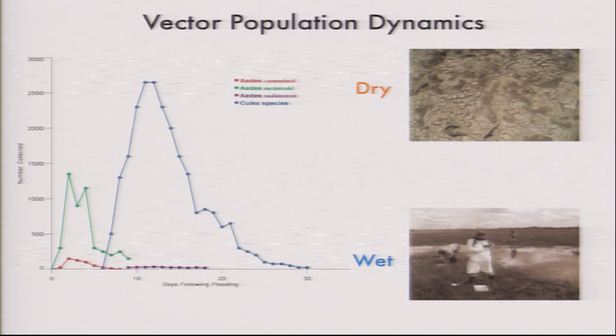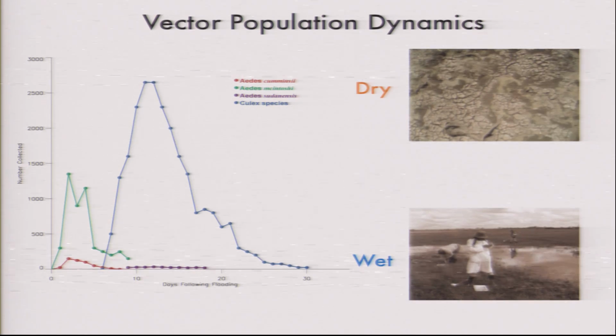This graphic here is from work that Ken Linthicum had done at a location in Kenya, where they looked at a particular dambo. Dambo is the habitat where these mosquitoes usually emerge during the wet season. And they monitored what happens in terms of the evolution of the population of these vectors.